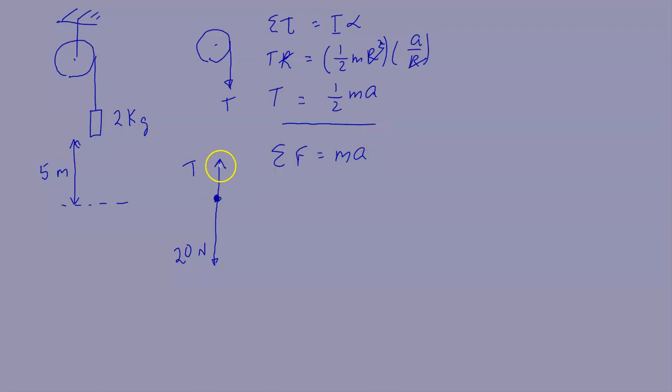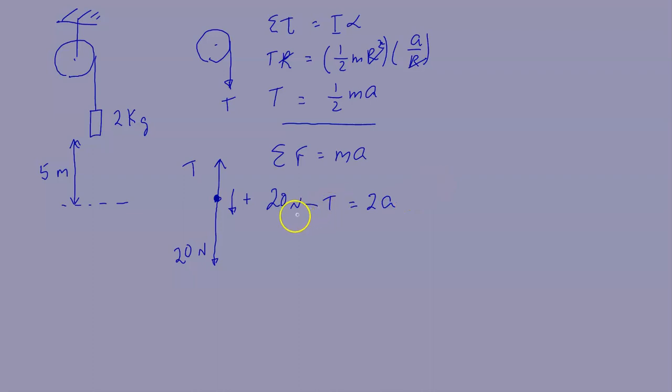Remember, we want to keep the acceleration consistent, so we're going to call this direction right here positive. That was terrible. I cannot live with that arrow right there. Let's try it again. All right, so we'll make downward positive like that. So we can say that 20 newtons minus T is equal to mass 2 times a, like that.